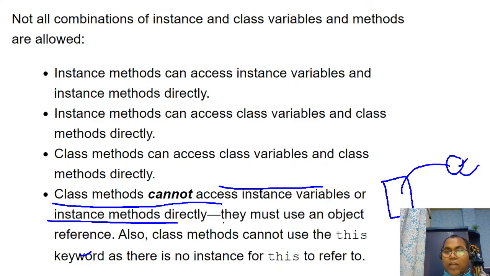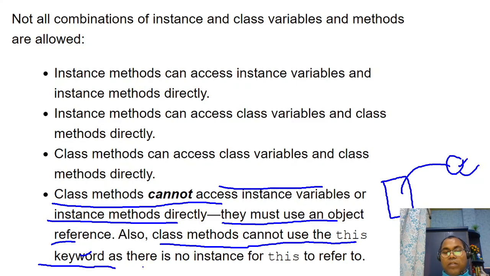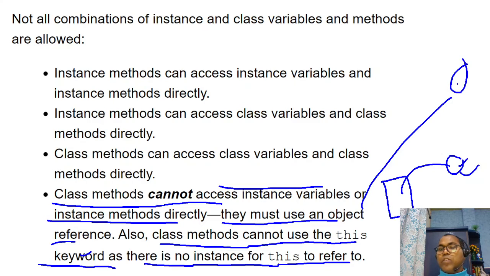Also note they must be used through an object reference, and a class method cannot use the this keyword. There is no instance for the this reference. In a static method you cannot use this keyword, because this refers to the current object, and the current object may not be created in your class method. Class methods are directly accessible from the class name.